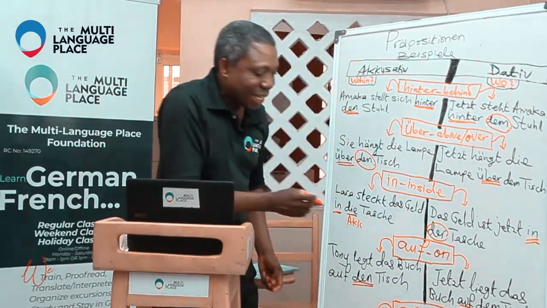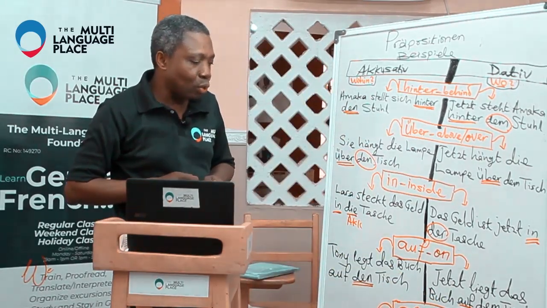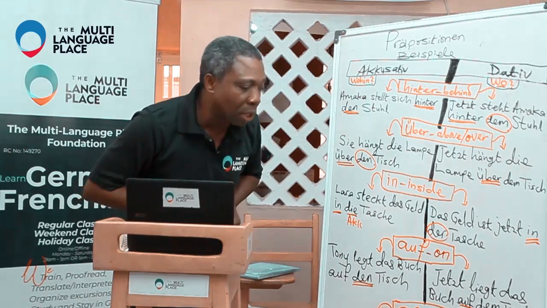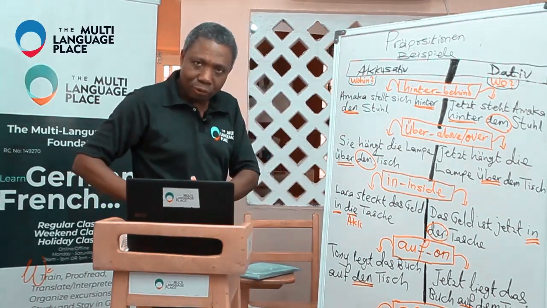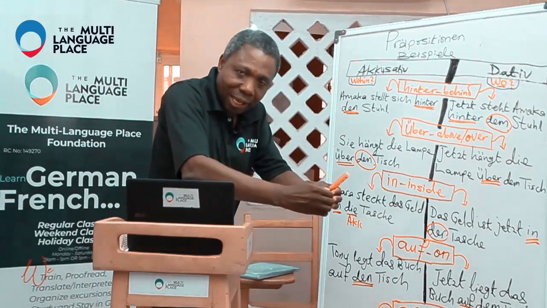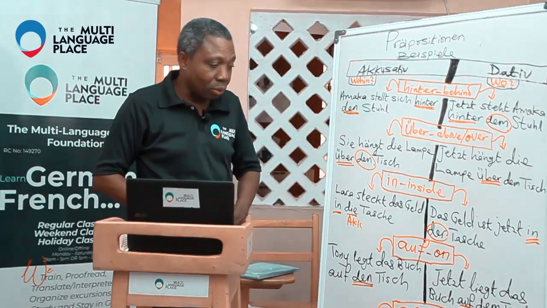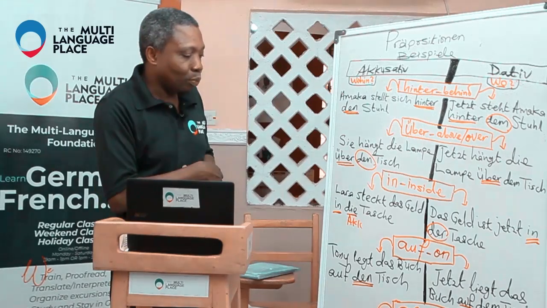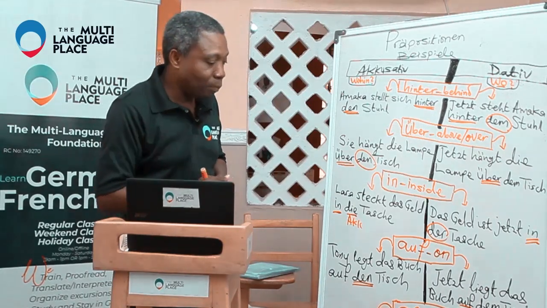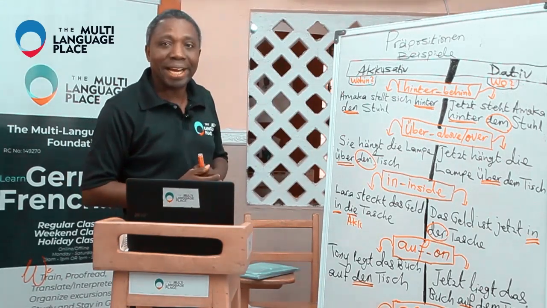Jetzt liegt das Buch auf dem Tisch. But now the book is on the table. The process of somebody putting it there is not there. The book is stationed on the table, so you make use of dative. Then we'll go to the next one.